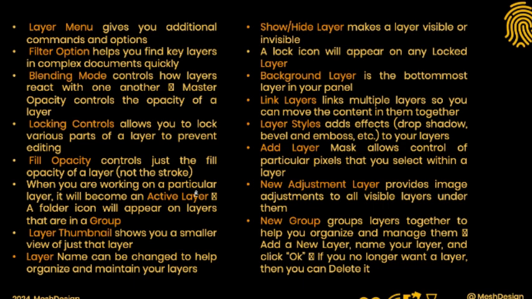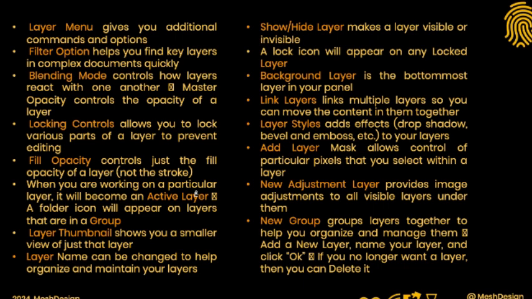Then new group groups layers together to help you organize and manage them. So if you are doing work and you finish with all your background, you select all the background layers and then you group them and name it background. All your text layers, you select all of them and you name them font.